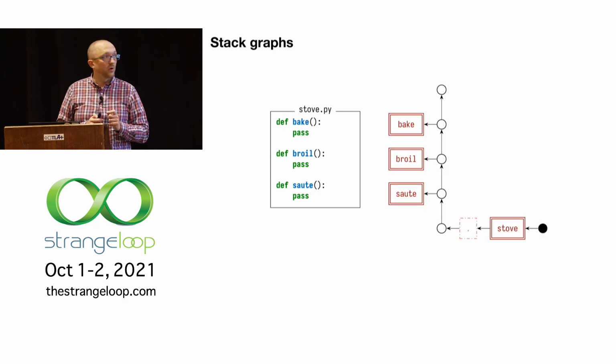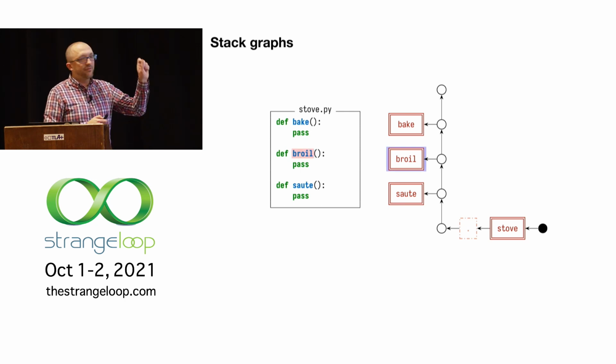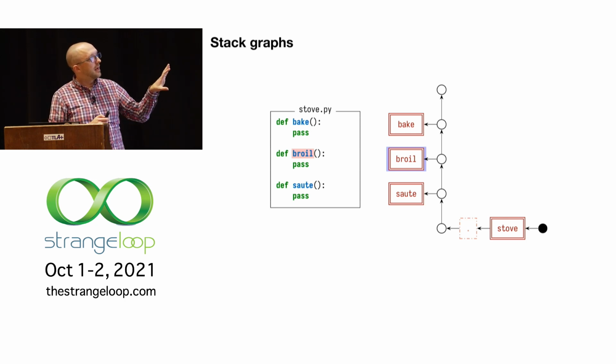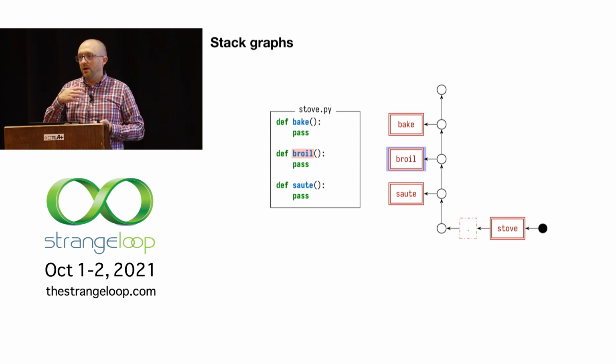And what we're going to do here is we're going to create a graph structure. And the goal of this graph is to represent all of the interesting name binding information that we can express about this file. And you can see that there are nodes in the graph that correspond with the definitions in the file. So I'm using this red double-bordered rectangle. That's what we call a definition node.